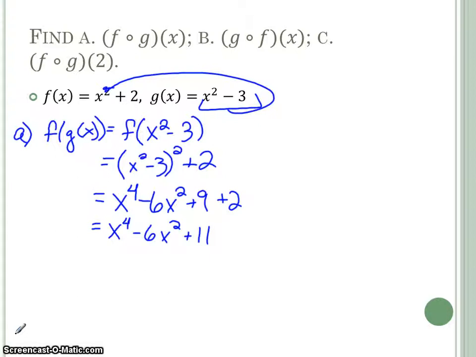So then for part B, we're looking for g of f of x. So this time we're going to take the x squared plus 2 and substitute it in our function g.